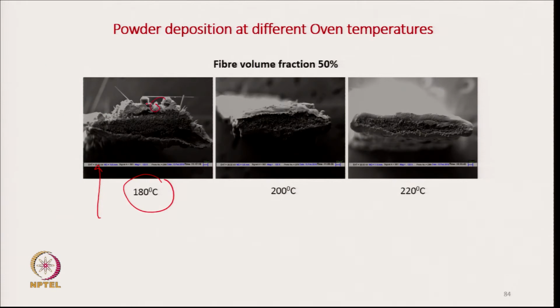You can see here the powders are not melted properly and it is not deposited evenly, but here at 200 degree Celsius these are melted, and further, at 220 degree Celsius, the thickness of the coating is less than at 200 degree Celsius, which means that it has melted and penetrated inside the carbon fiber, carbon filament.